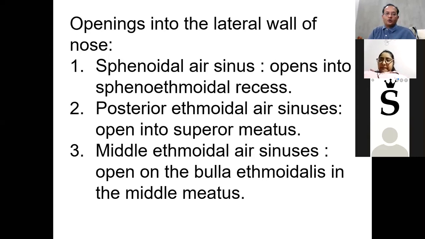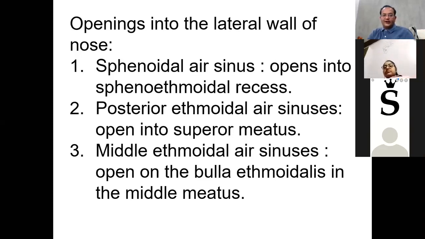Sphenoidal air sinus opens into the sphenoethmoidal recess. Lateral wall of nose is very important for you students. In the lateral wall there are openings of the paranasal air sinuses. The blood supply of the lateral wall of nose is also important. The nerve supply of the lateral wall of nose is also important. So in the lateral wall of nose there are openings of paranasal air sinuses.